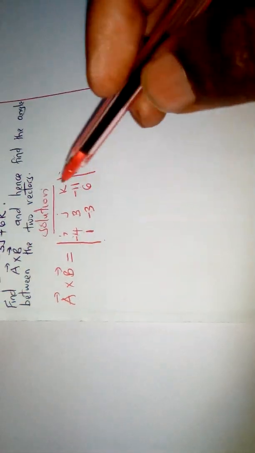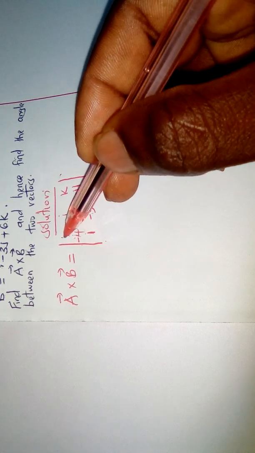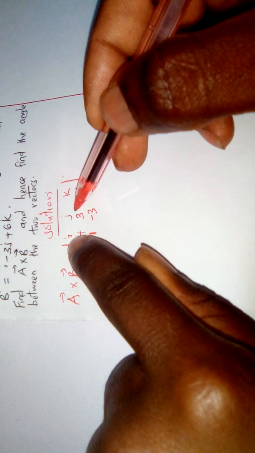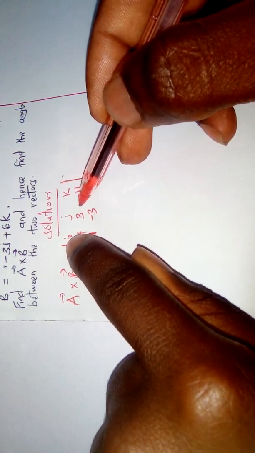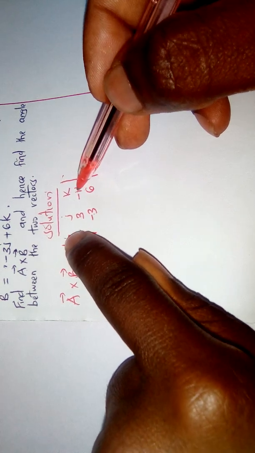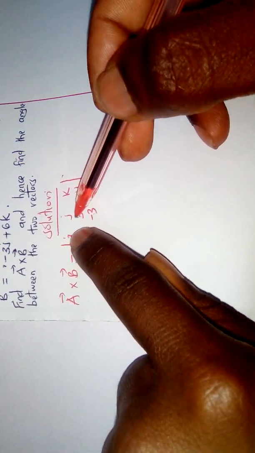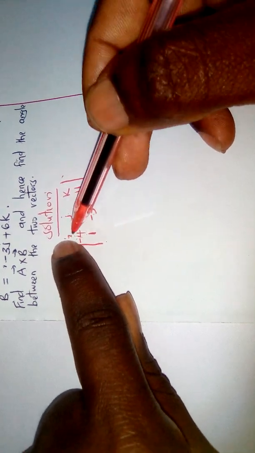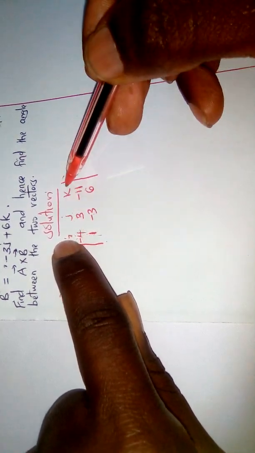Now to get the determinant, remember you are supposed to begin with i. So after identifying i here, you are supposed to identify the column and row that it belongs to. Okay, for i, you will cancel this and as well as this.